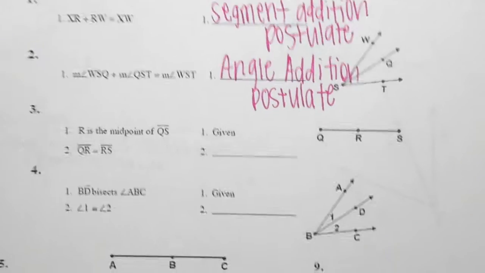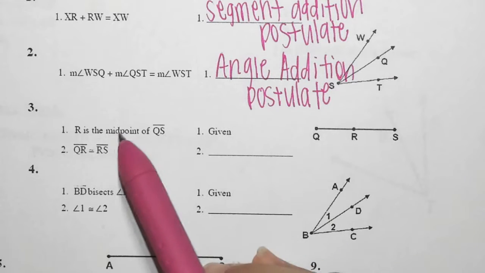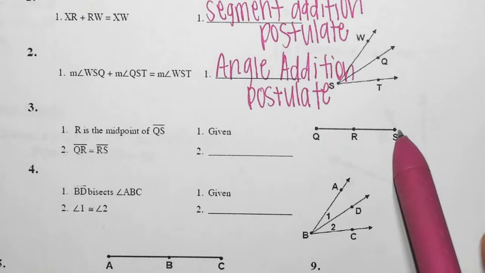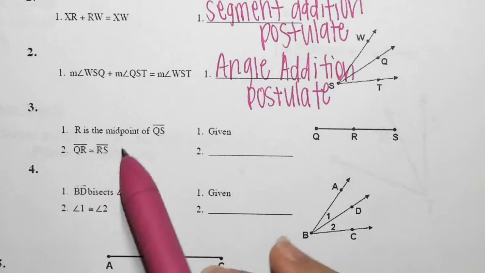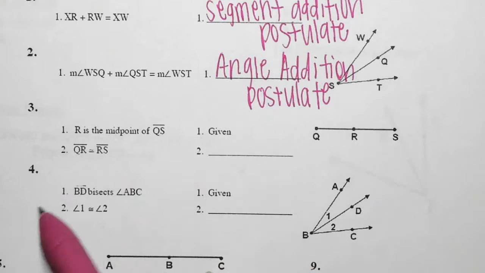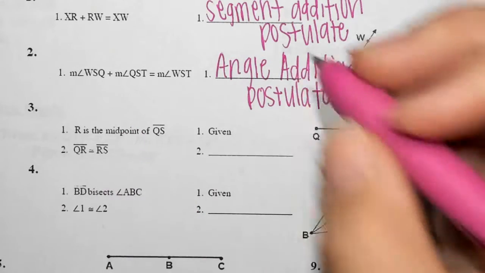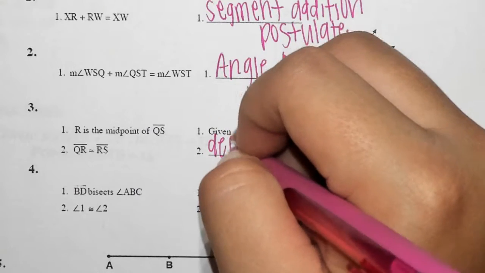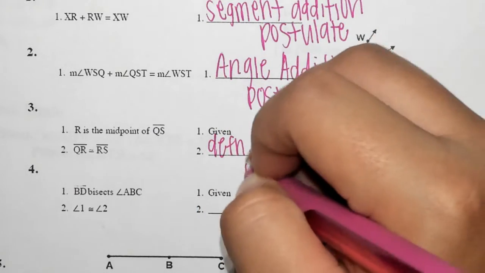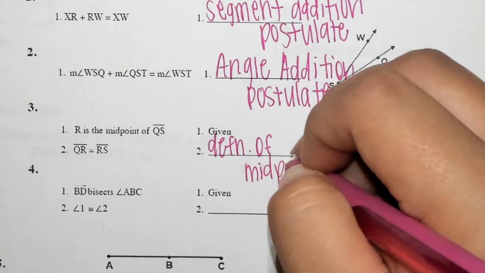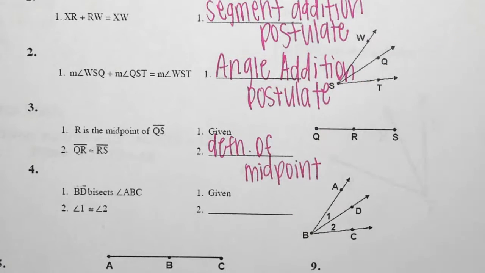Okay, number 3. If R is the midpoint of QS, then QR is congruent to RS. Your reasoning from going from step 1 to step 2 is called the definition of midpoint. If something is in the middle, then you can write that they are congruent.